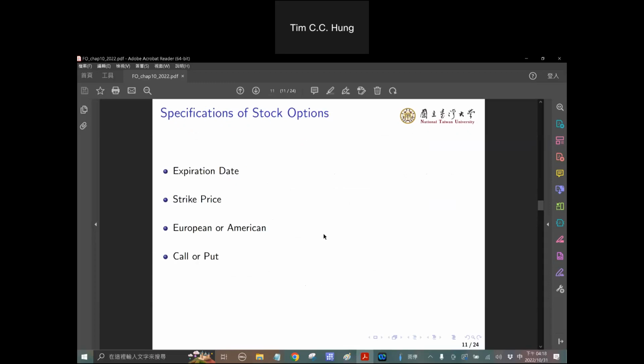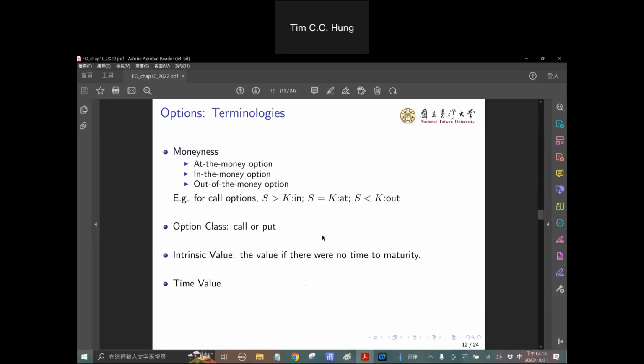And then moneyness is also something you have to understand. There are actually three types of moneyness. When we are talking about stock options or any kind of options, we usually call an option an in the money option, at the money option, or out of the money option.